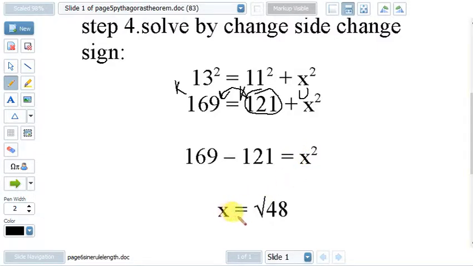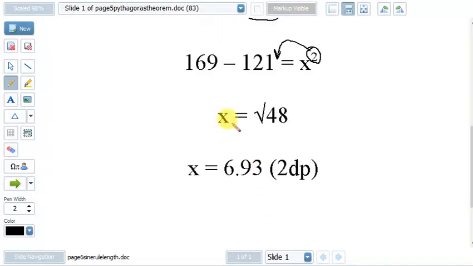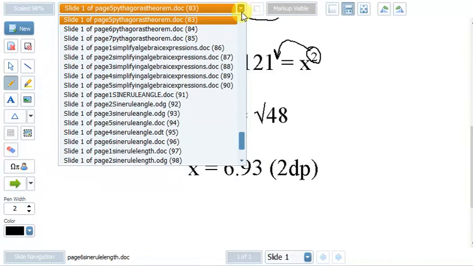So therefore x has to equal the square root of 48, and that's because we're trying to get the x by itself, so we bring the squared across to the other side, and the opposite of squared when we bring it over is square root. So the square root of 48 is going to be 6.93, because the square root of 49 is 7, so it's very close. So 6.93 centimeters to 2 decimal places.